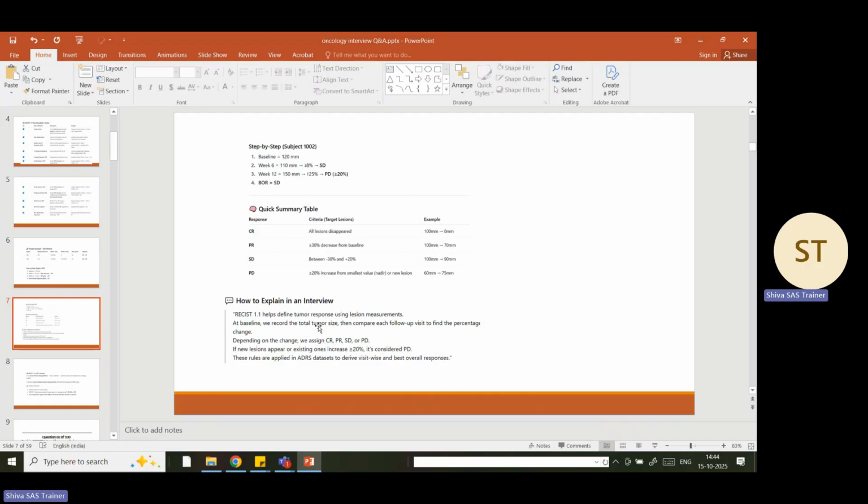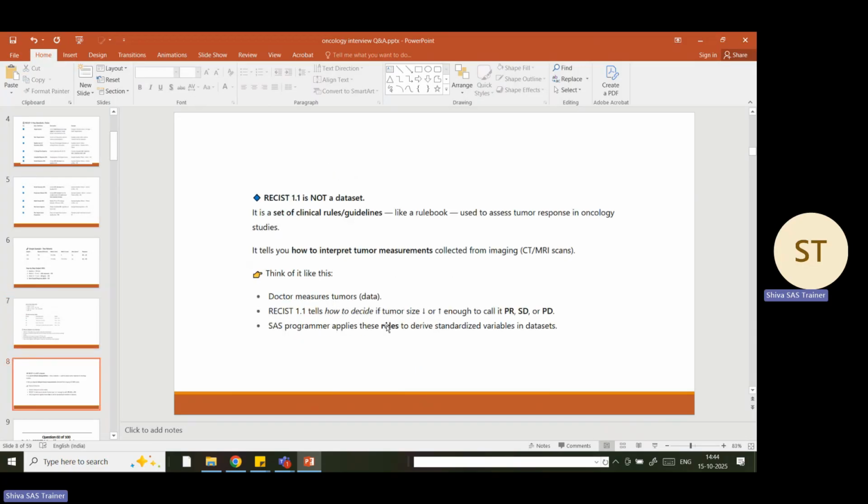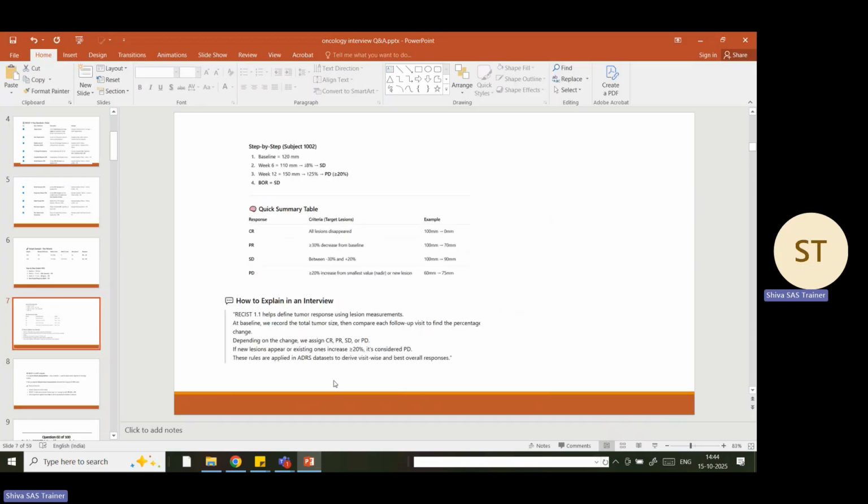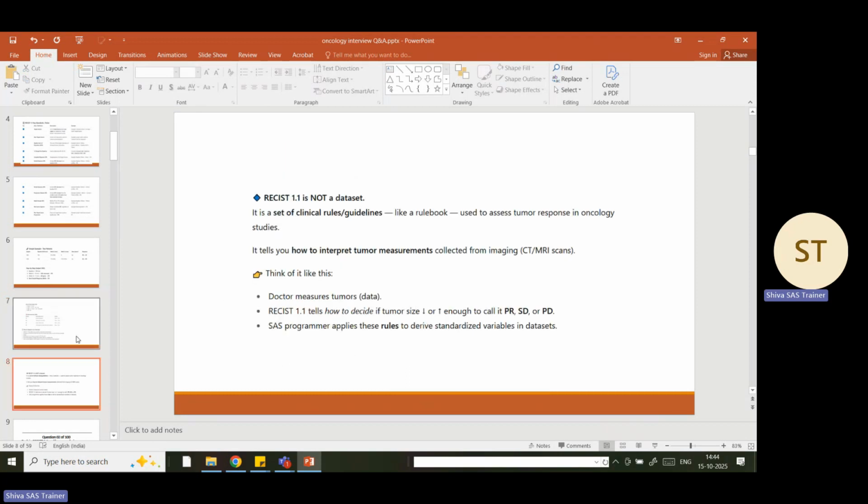We record the tumor size, meaning before treatment we measure the total tumor size, then compare at each follow-up visit and find out the percentage change. Depending upon the change, we calculate whether it is CR, PR, SD, or PD. If a new lesion appeared or an existing one increased by greater than 20%, it is considered PD. These rules are applied in the ADRS dataset.